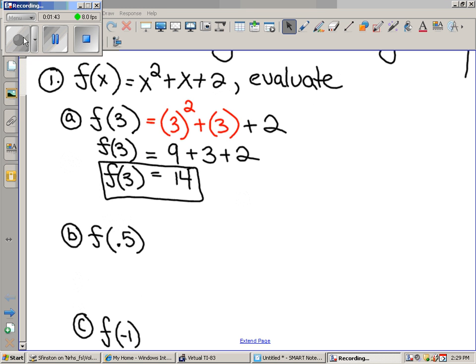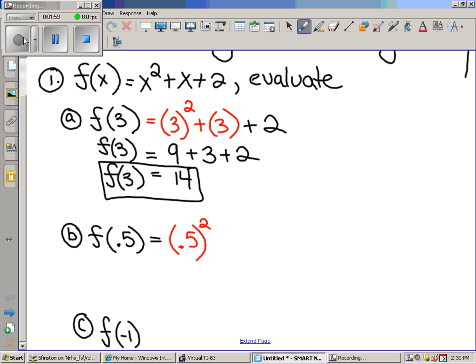The only thing that gets more complicated is you got to sub in weird numbers. Instead of whole numbers, let's sub in a fraction, right? How much is f at 0.5 worth? So let's see. What we're going to do is anywhere you see an x, you sub in 0.5. This we actually might need our calculators for.